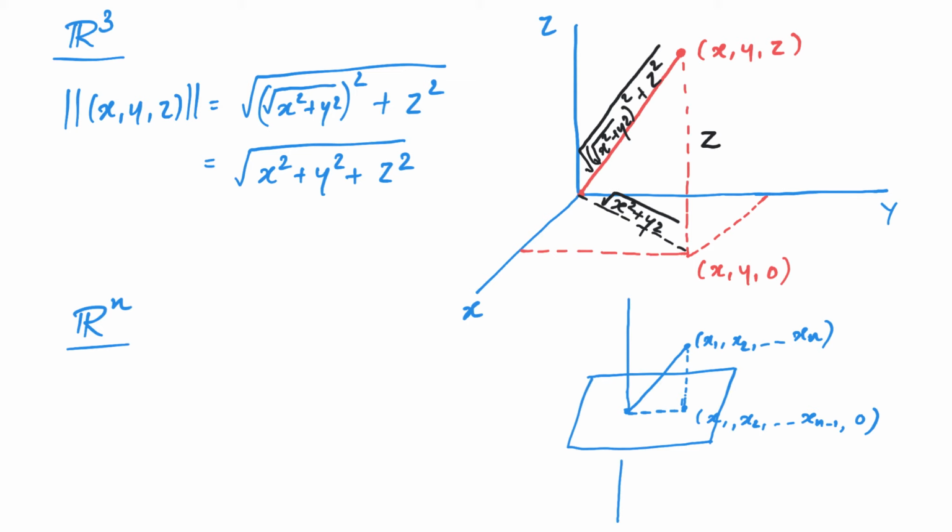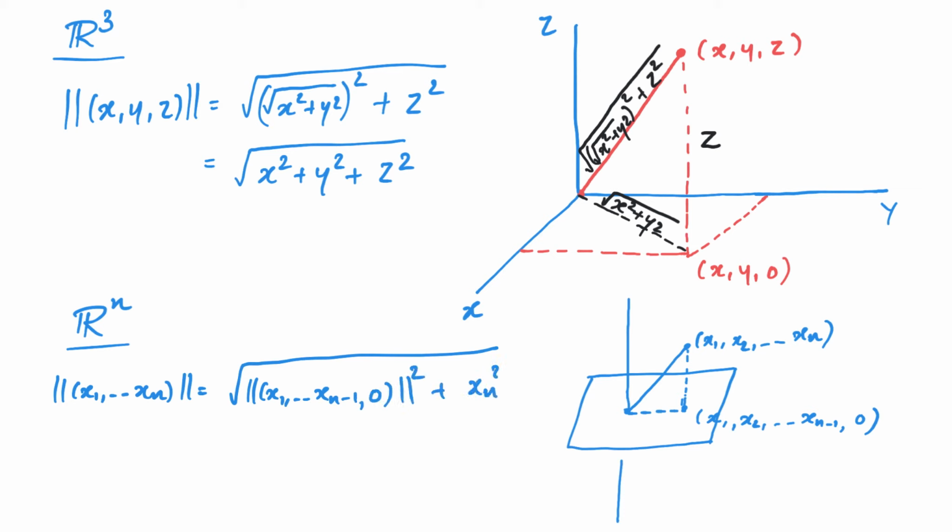More precisely, we are saying that the norm of x1, x2, etc. up to xn is equal to square root of norm of x1, x2, x3, etc. up to xn minus 1, comma 0, the whole square plus xn squared. But the norm of x1, x2, x3, etc. up to xn minus 1, comma 0 should be equal to norm of x1, x2, x3, etc. up to xn minus 1 in Rn minus 1. Therefore, I can rewrite this as follows.